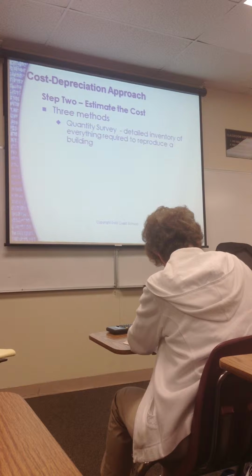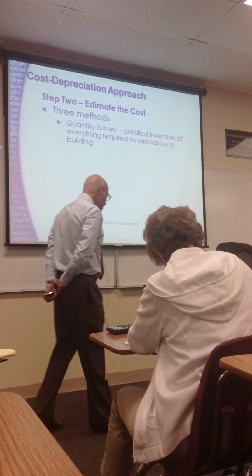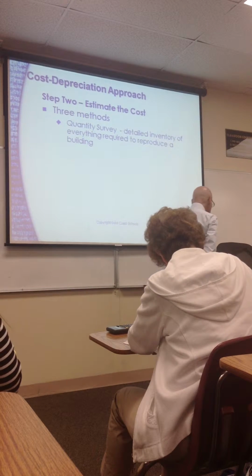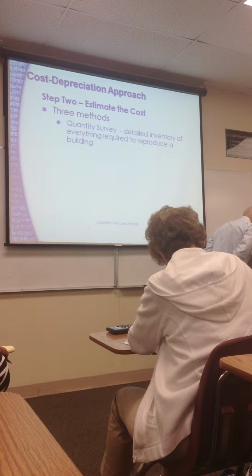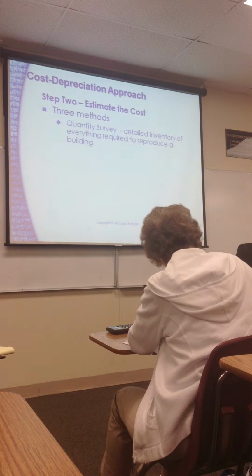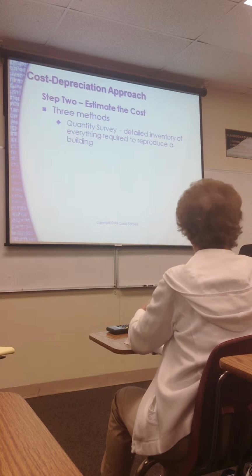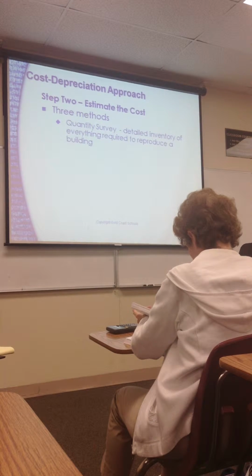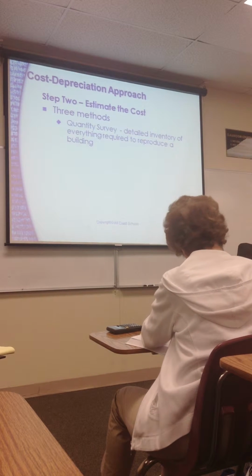A quantity survey for historic reproductions, where there is a requirement for exact duplication of the improvement. That's where a quantity survey would be used. And obviously, to estimate the cost of everything to exactly reproduce would be very time-consuming, and of course, the more time the appraiser spends, the more expensive the appraisal.